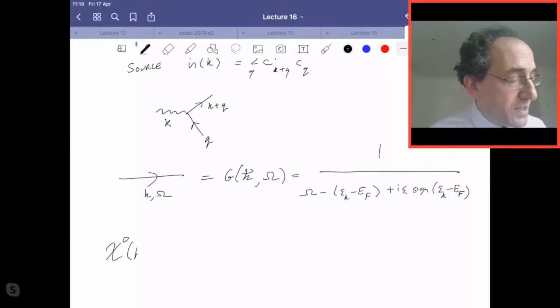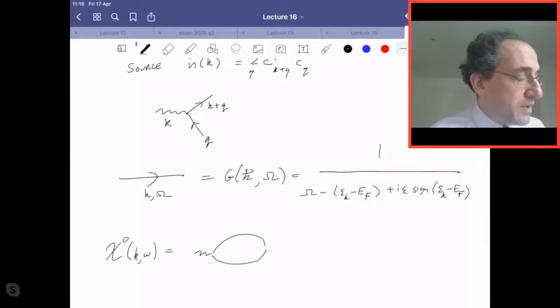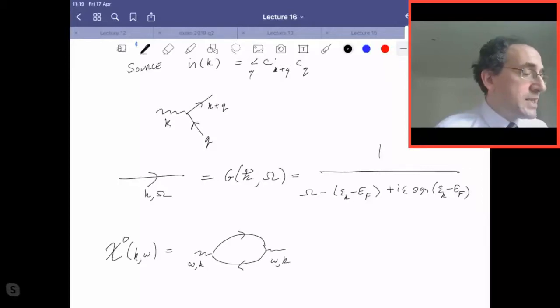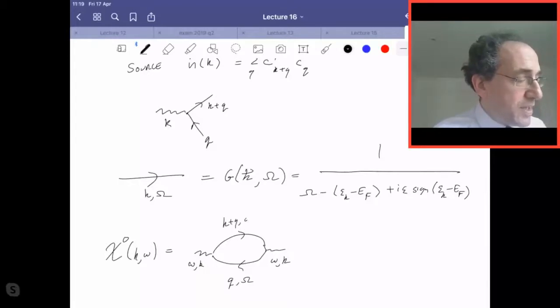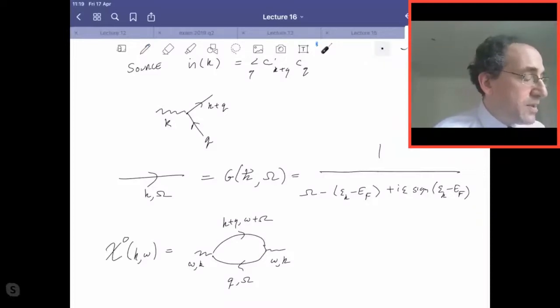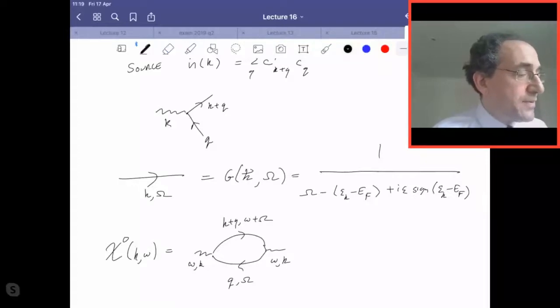We can write the Lindhard response function as a diagram, which is a single bubble, like this. There's omega and k coming in, omega and k coming out. So the system is perturbed at omega and k. It creates a particle-hole pair. The hole is at q and omega. The particle is at k plus q, omega plus capital omega, going forward. This is the hole, arrow going backwards. Then you make a measurement of density at omega and k later.